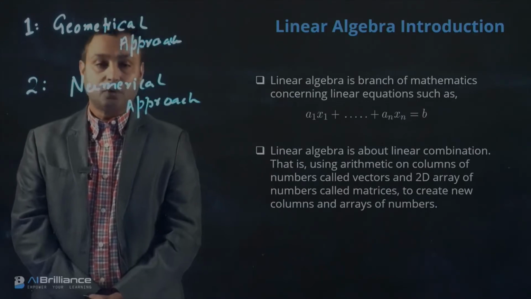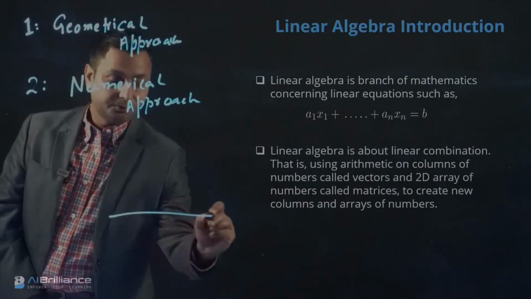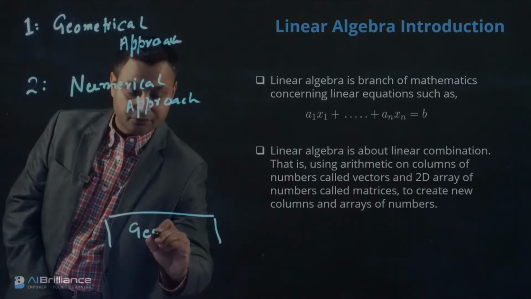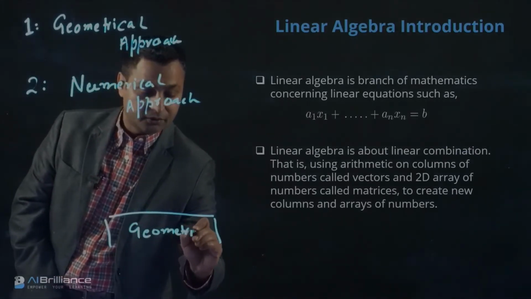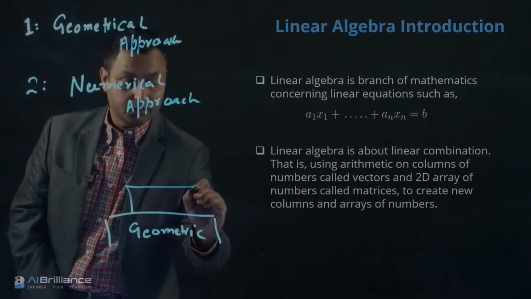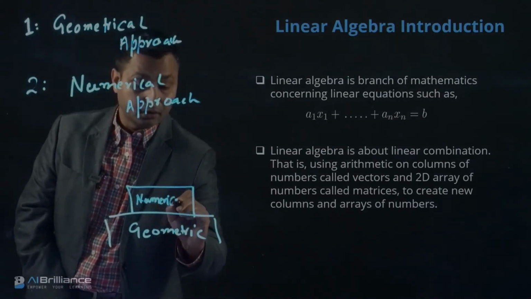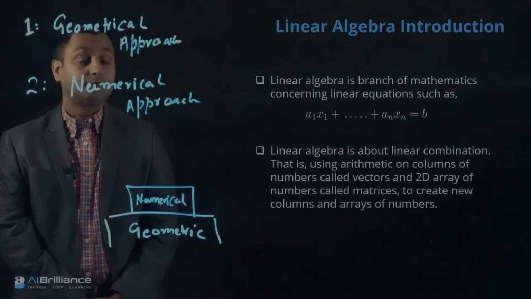One thing I want to point out is that it's important to first have a geometric concept very clear, and then that will set up the foundation for the numerical aspect of vectors and matrices.